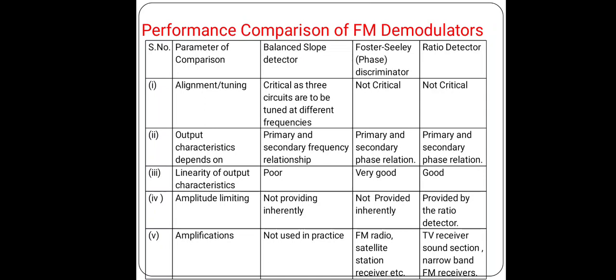Amplification is not used in practice for any of the three. The balanced slope detector we are not using in practice. We use the Foster-Seeley discriminator for FM radio and satellite station receivers, and the ratio detector in TV receiver sound sections and narrowband FM receivers.